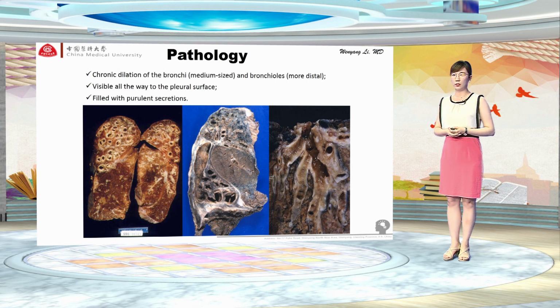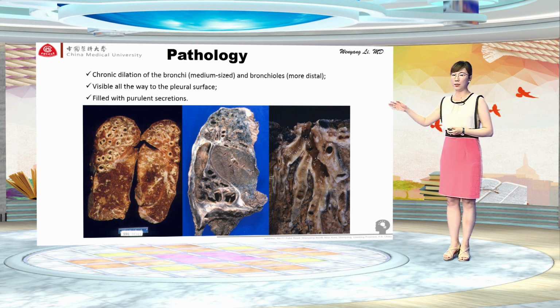The abnormal bronchial dilation in bronchiectasis mainly affects the medium-sized bronchi, but often extends to more distal bronchi and bronchioles. The affected bronchi and bronchioles are so prominent as to be visible all the way to the pleural surface. These dilated bronchi are commonly filled with purulent secretions.